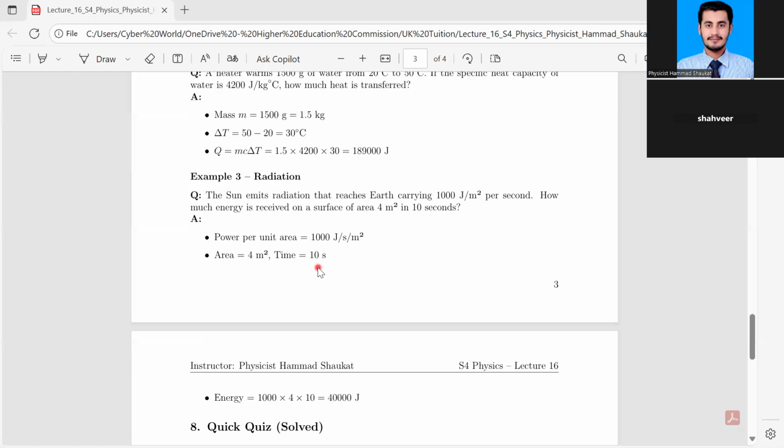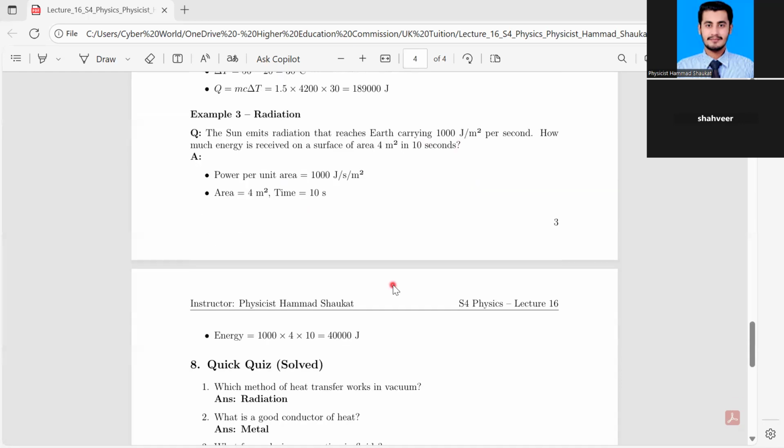You have to find the energy received on a surface area which is coming from the sun to earth. And power per unit area is also given. Here you can see joule per meter square. Joule per second is power, and meter square is area. So it becomes power per unit area, and its value is 1000. And they're asking you to find the total energy. So to find the total energy, you have to multiply your power per unit area by the actual area and by the time.